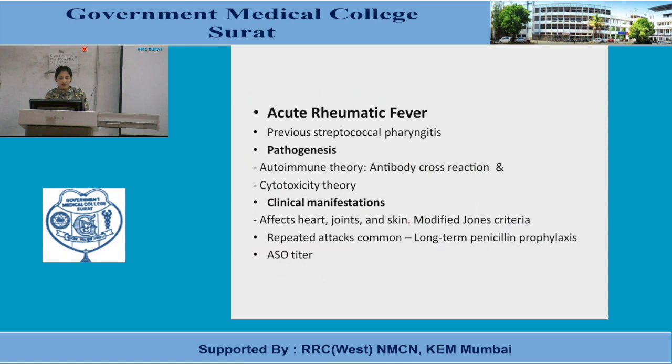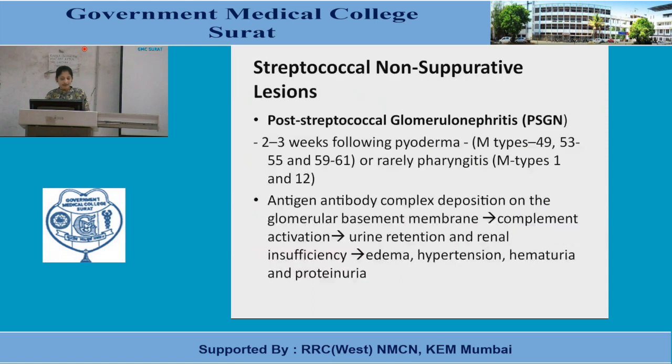This antigen-antibody complex, along with complement, can be deposited in the glomerular basement membrane, and pores are formed in the basement membrane. So urine retention, renal insufficiency, edema, hypertension, hematuria and proteinuria are all the sequelae of this PSGN infection.